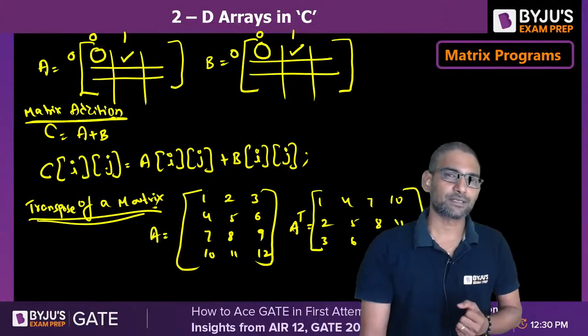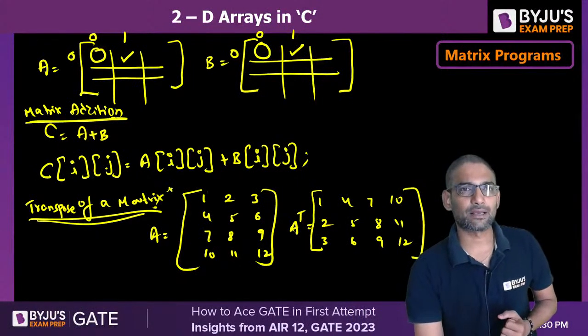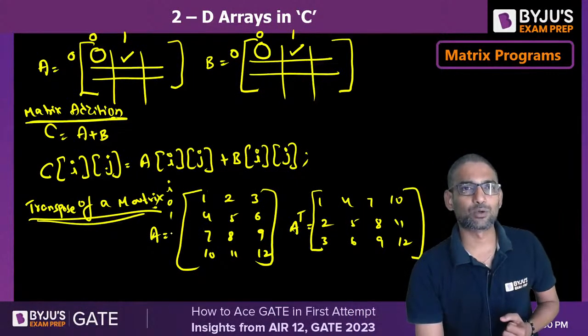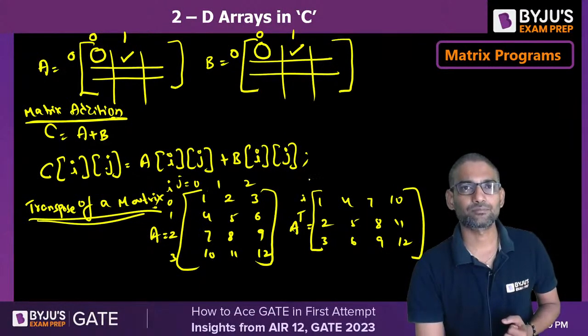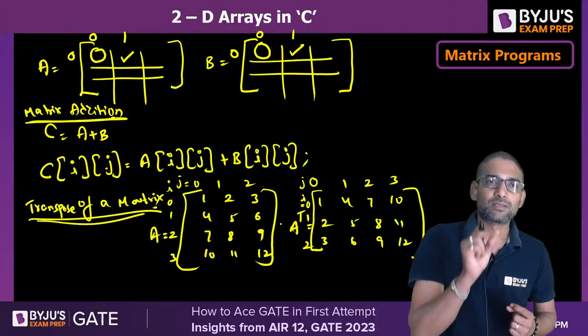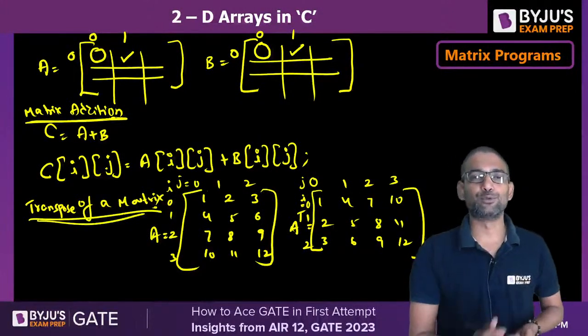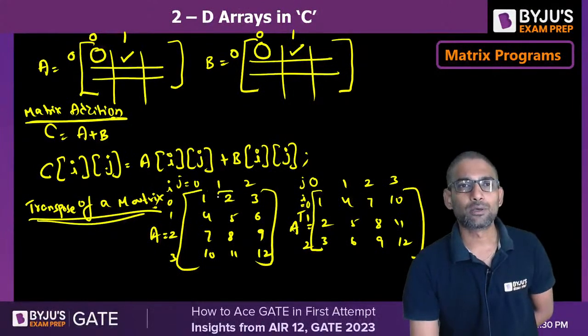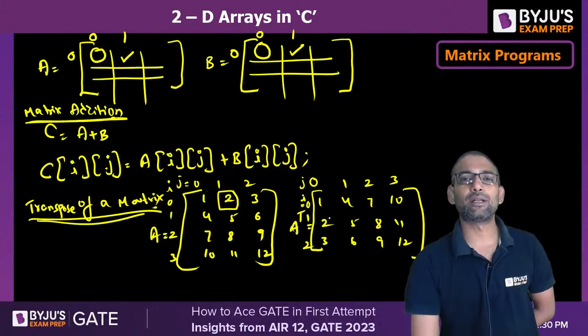That means if I say the row number is I, column number is J, please observe here. The 0,1 value, that means 2 is coming where?